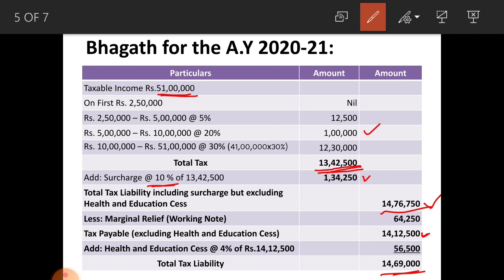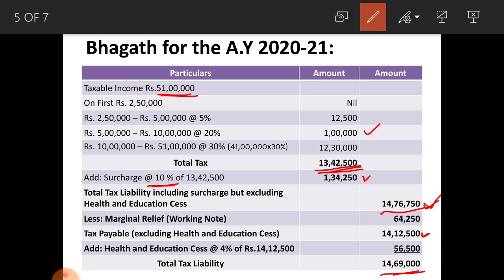Because of his extra earning of only 1 lakh, he has to pay how much? Rupees 1,64,250. That is this 14,76,750 minus that 13,12,500, his usual tax liability. He must pay how much extra? 1,64,250, but his extra earning is only 1 lakh. That is, the tax liability is more than his income.